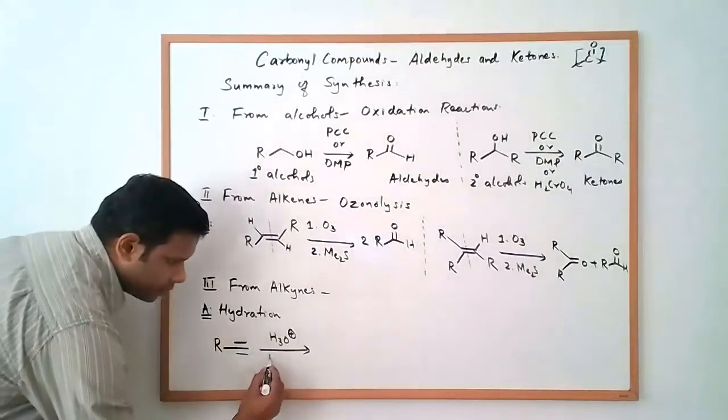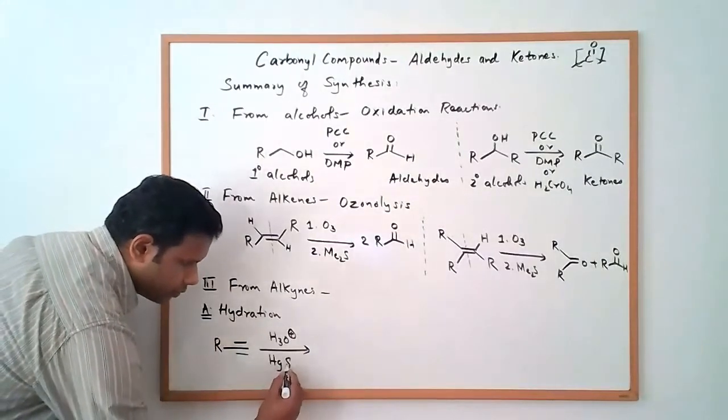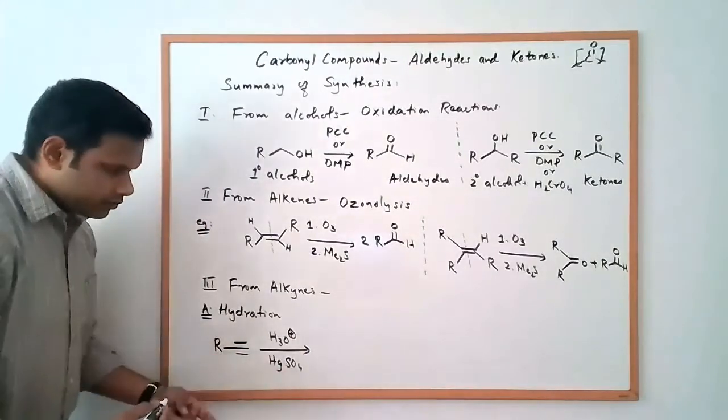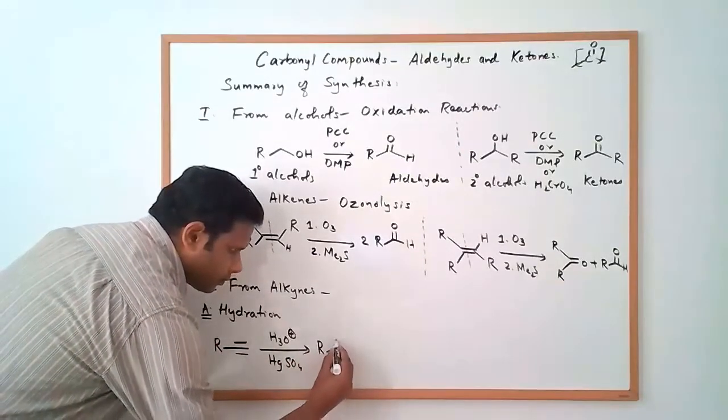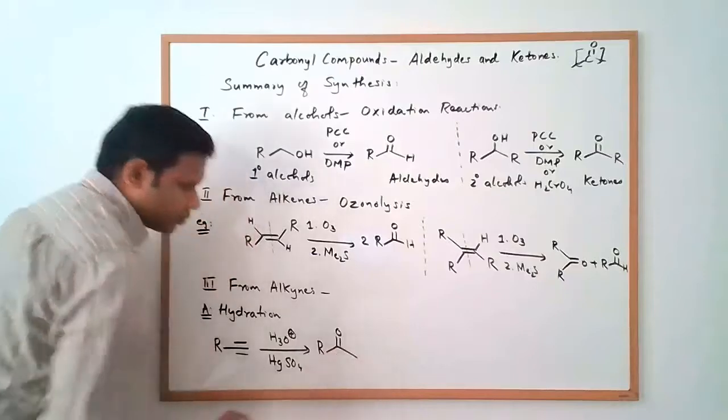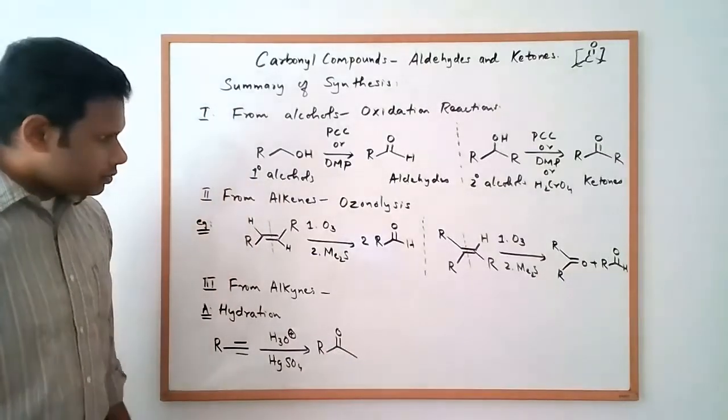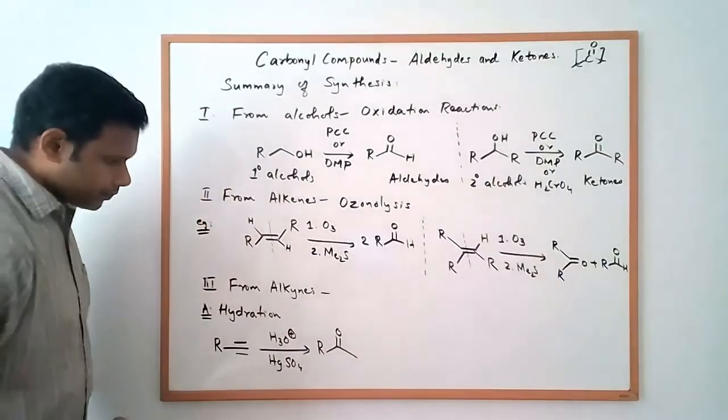And this sometimes involves the use of mercuric sulfate with sulfuric acid. When you do a hydration on a terminal alkyne, you get a ketone as your product. So that would give you a ketone.